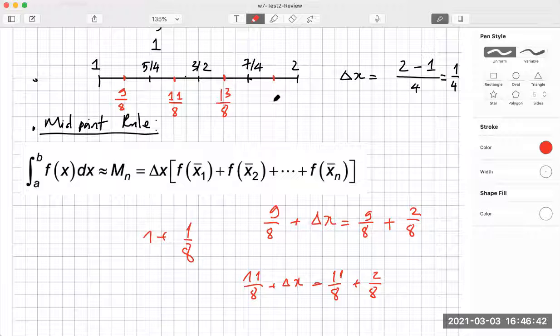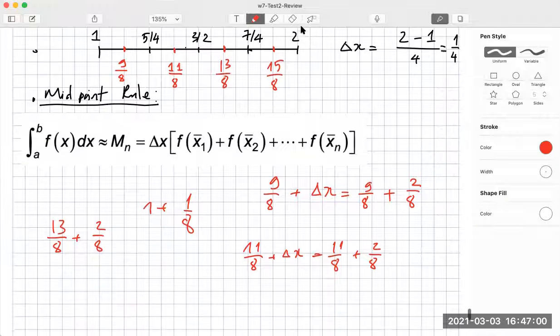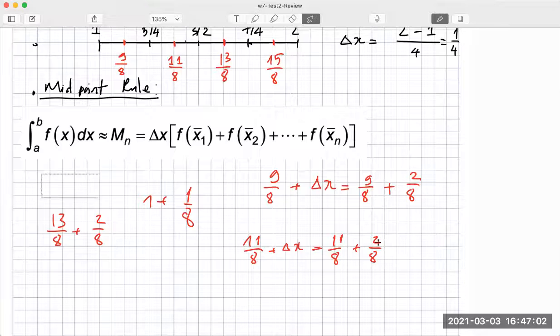And here, this guy will be 13 over 8 plus 2 over 8, right? It will be 15 over 8, right? That's it. These are all the midpoints, okay?